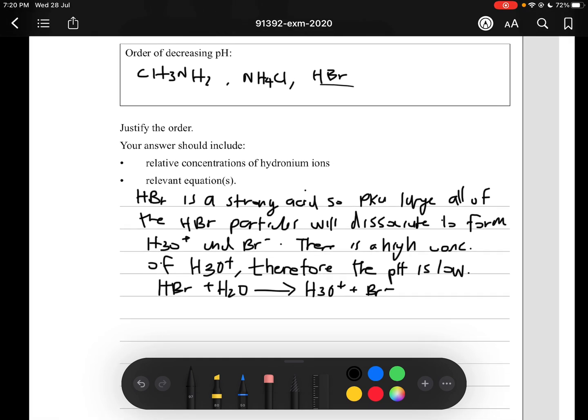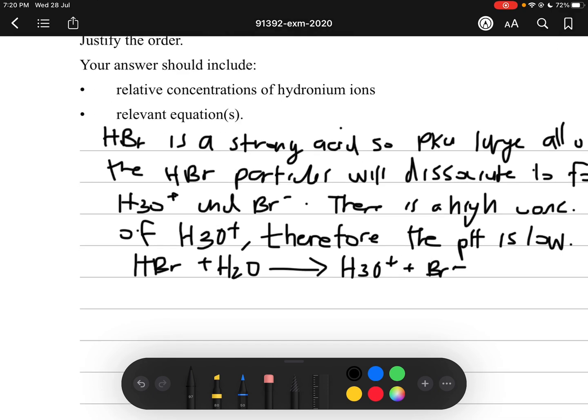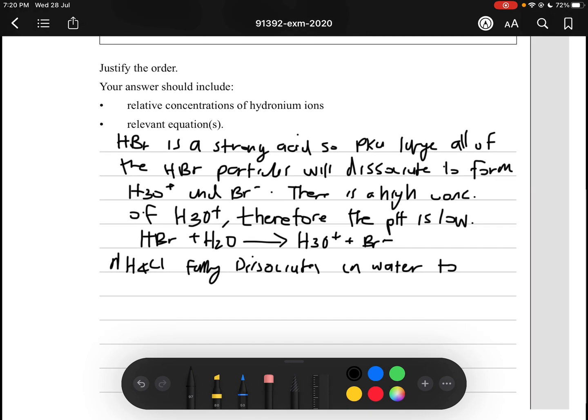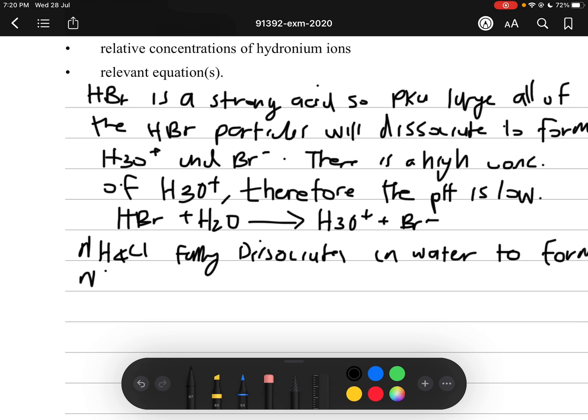And for our second one, we can say it's NH4Cl. NH4Cl fully dissociates in water to form NH4 plus and Cl minus ions.